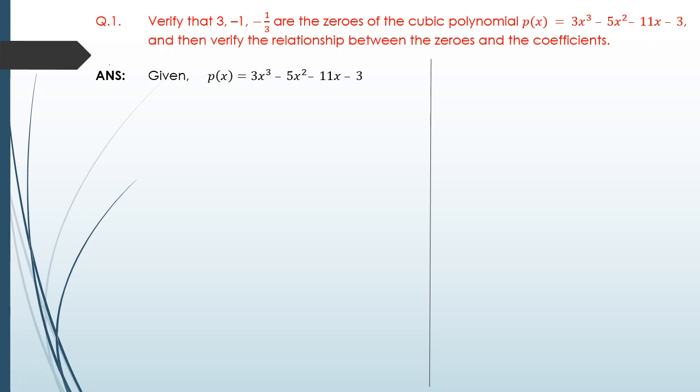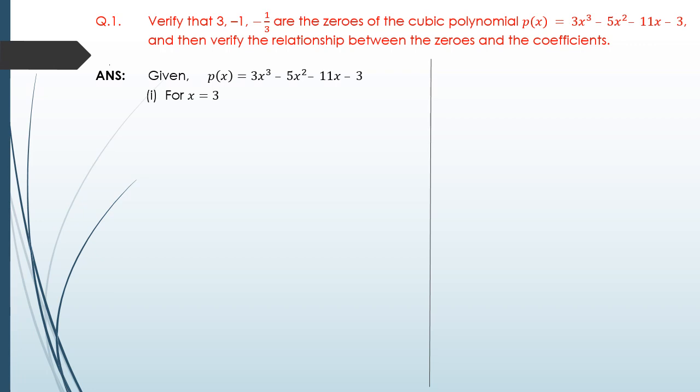So let us put x = 3 in the given polynomial and do the calculations. If the value becomes 0, then we can say that 3 is a zero of the given polynomial, and in the same way for the remaining two numbers, right? So let us start with 3 first.